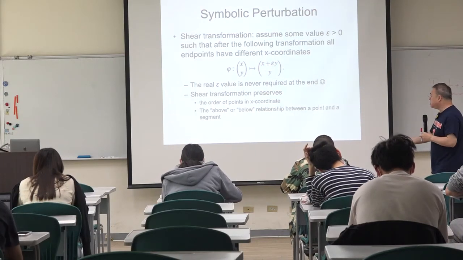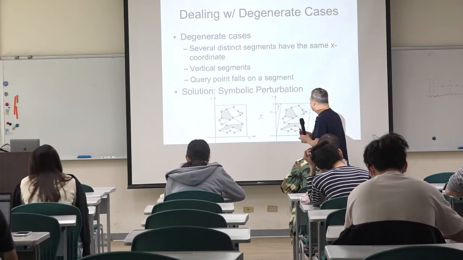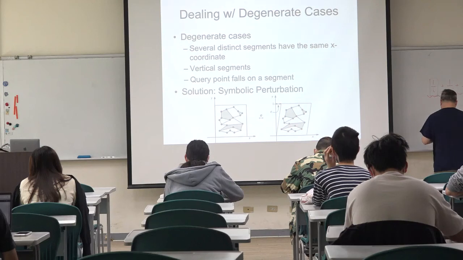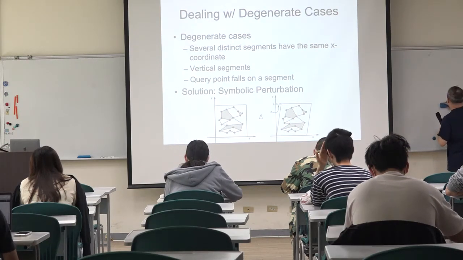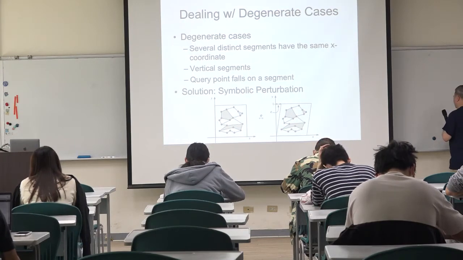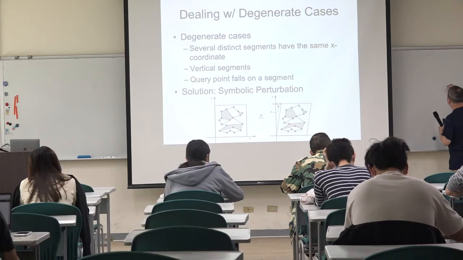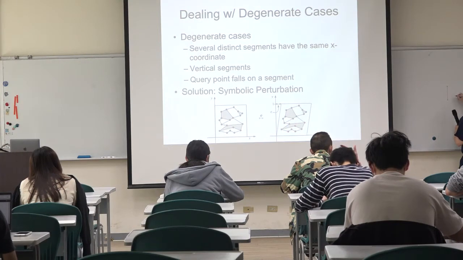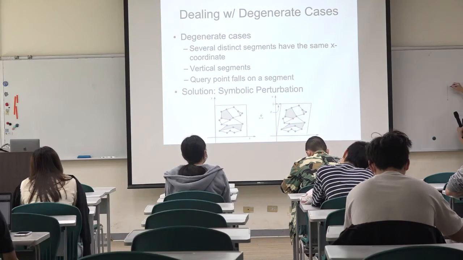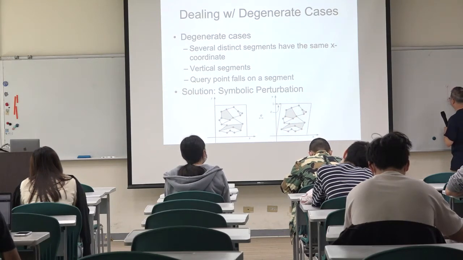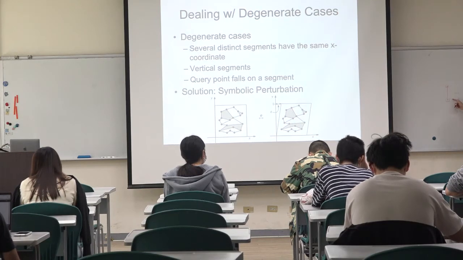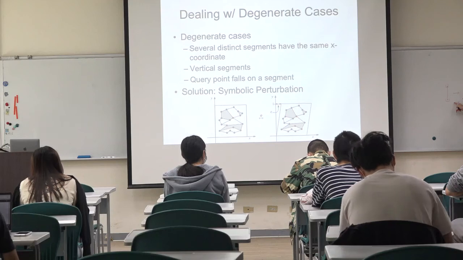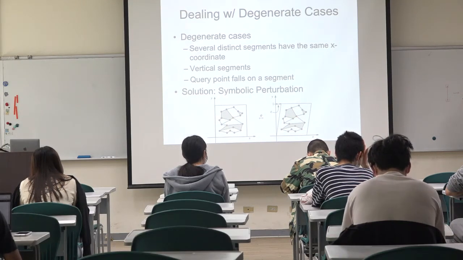Okay, originally, if you have a vertical segment, because of this transformation, you can imagine, even though originally these points look like they have the same x coordinate, because they have different y coordinates, after this transformation, this point will be on the right of this lower endpoint.